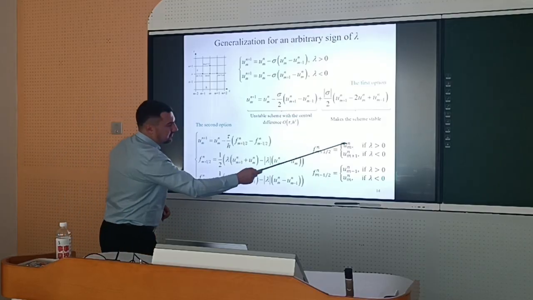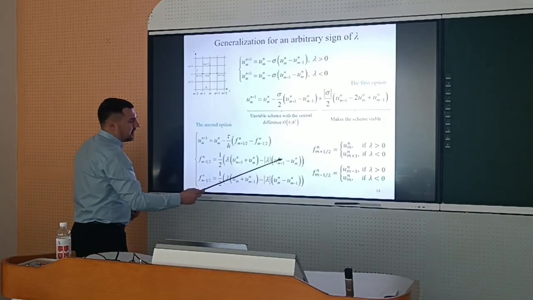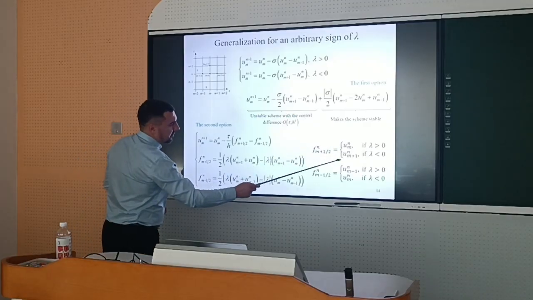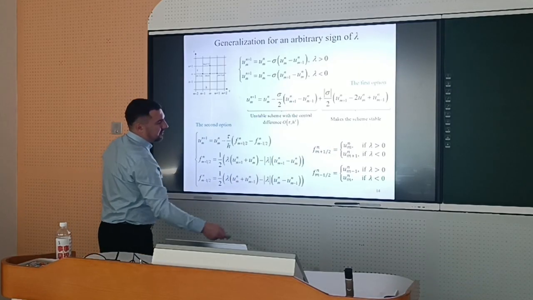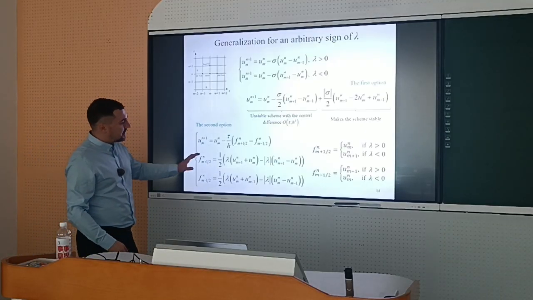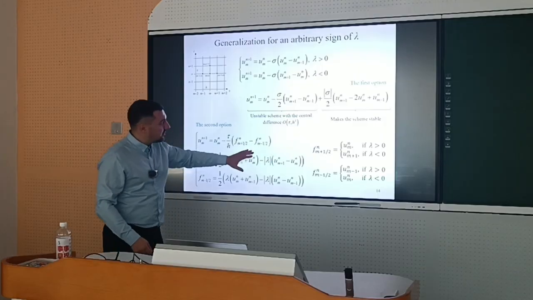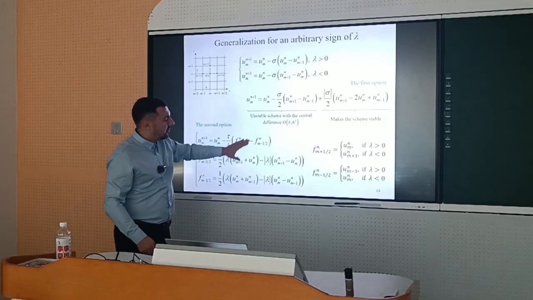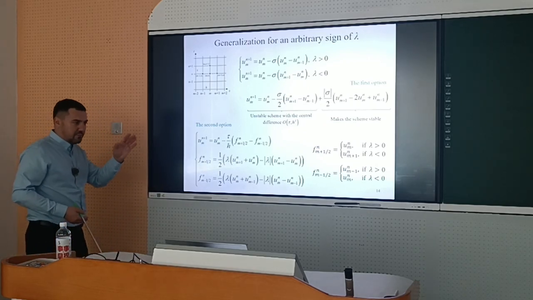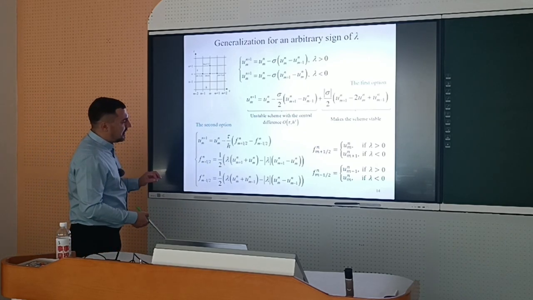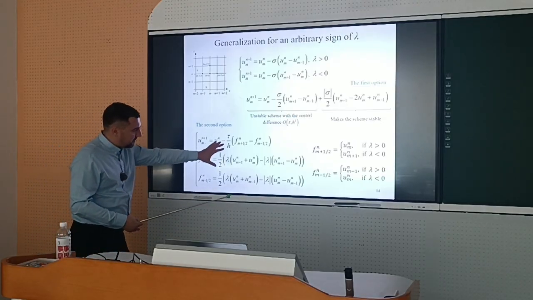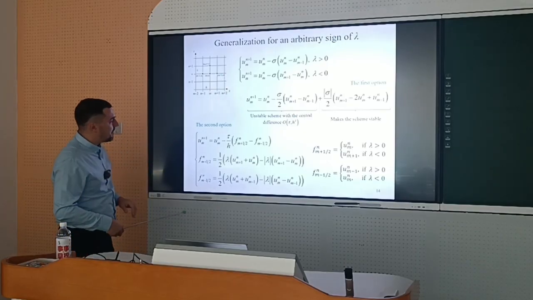If lambda is greater than 0, this numerical flux equals u_m^n, or u_{m+1}^n if lambda is less than 0. And again, you can check that if lambda is greater than 0, you will get this formula or this formula. Actually, here is just arithmetic. We just check carefully and realize that indeed this formula and this one are just the same.